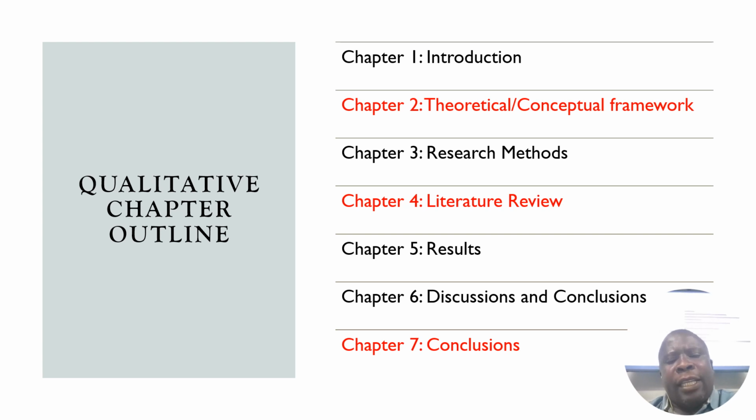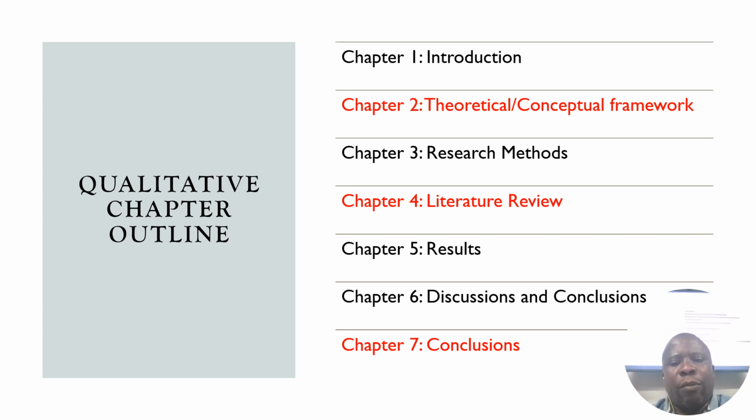However, you might see that some qualitative chapter layouts are slightly different. They start with chapter 1, introduction, then they go to the theoretical framework or conceptual framework. By the way, when you're writing this chapter 2, you need to specify: if you're using a conceptual framework, write conceptual framework. If you're using a theoretical framework, write theoretical framework. You don't need to write both.